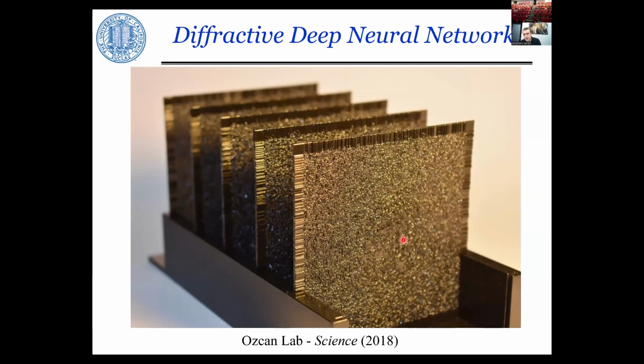So a diffractive optical processor is composed of structured layers. For example, this one is a diffractive processor operating at terahertz wavelengths. Each one of these layers contains some surface roughness, as you can see in here.